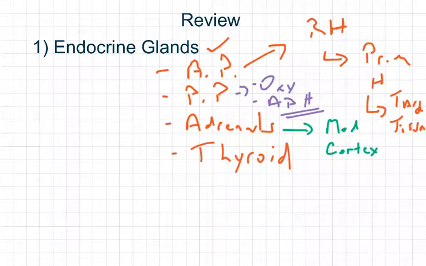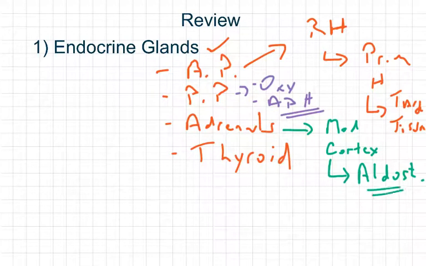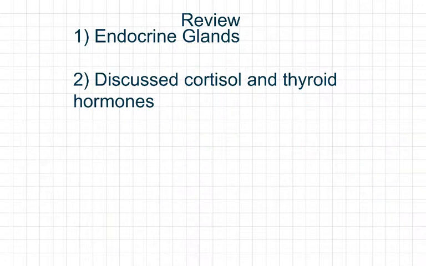And we said within the adrenal cortex, it released 3 different classes of steroids. And one of those key steroids that we discussed was aldosterone. And this is the other hormone that we'll be discussing in today's lecture. Additionally, we discussed the hormone of cortisol and its effects on glucose regulation.